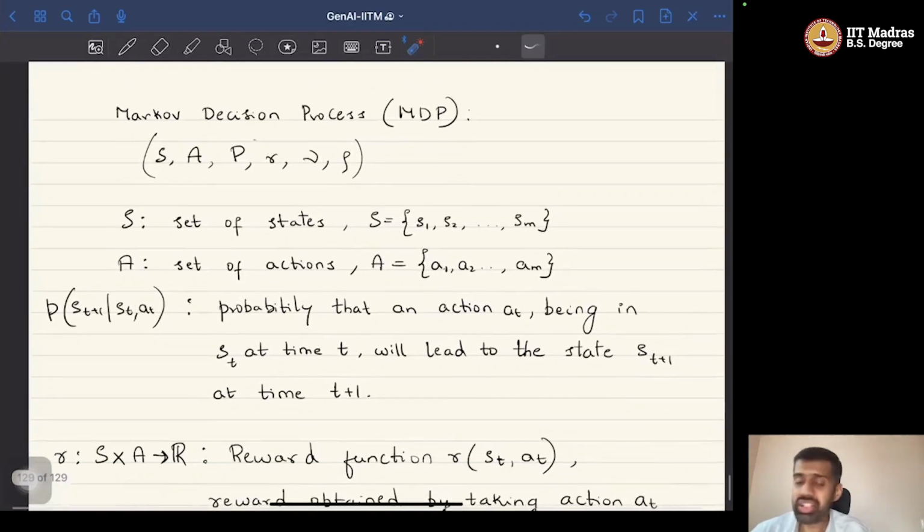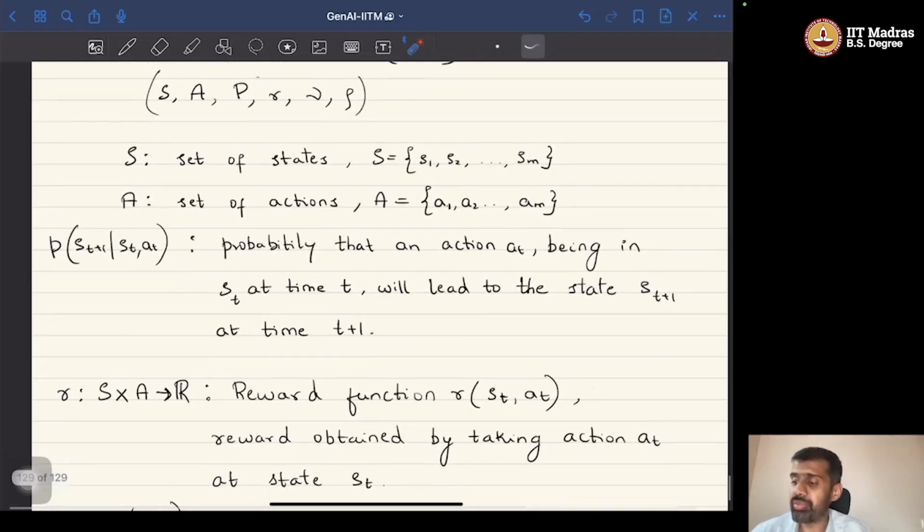Now, mathematically speaking, this entire process that I just described is formalized by a notion called Markov decision process, or MDP, which is given by the following tuple: S, A, P, R, gamma and rho. Let us look at all of them and define them. So S defines the possible set of states that an agent can be in.